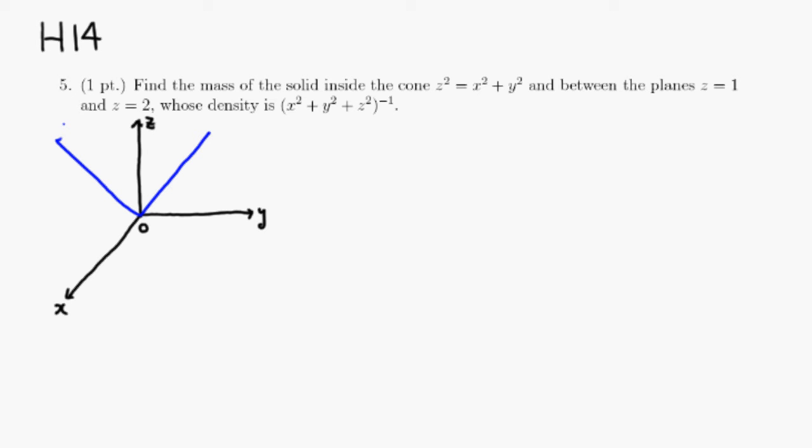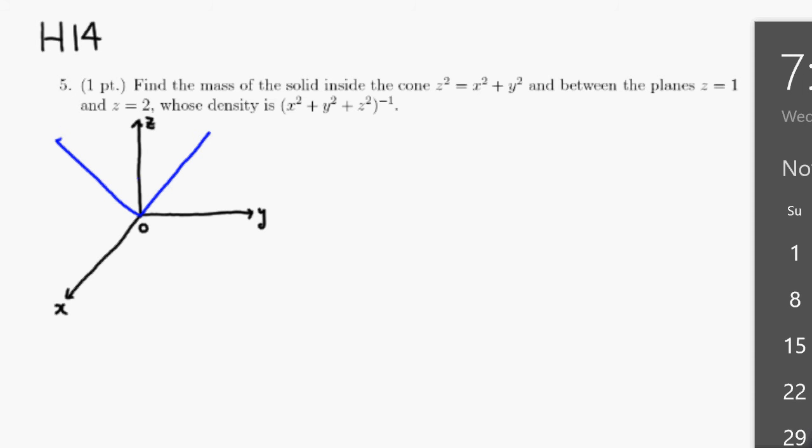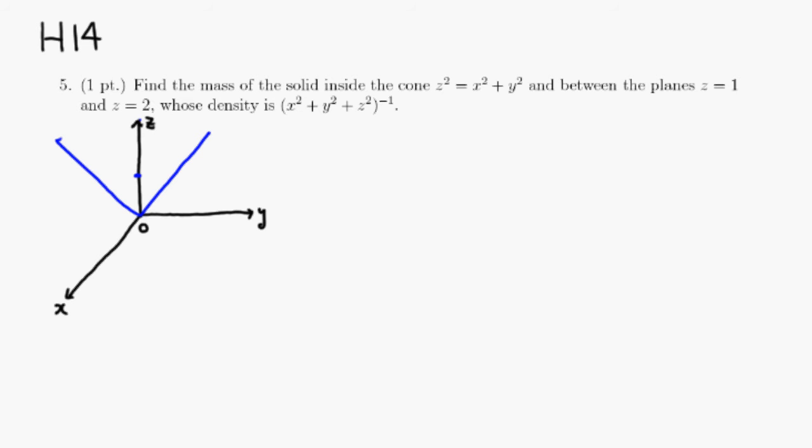Then we're going to cut it at z equals 1 and z equals 2. So here is 1, maybe here is 2. Here's a plane at z equals 1, and here's another plane at z equals 2. It's probably going to look something like that.